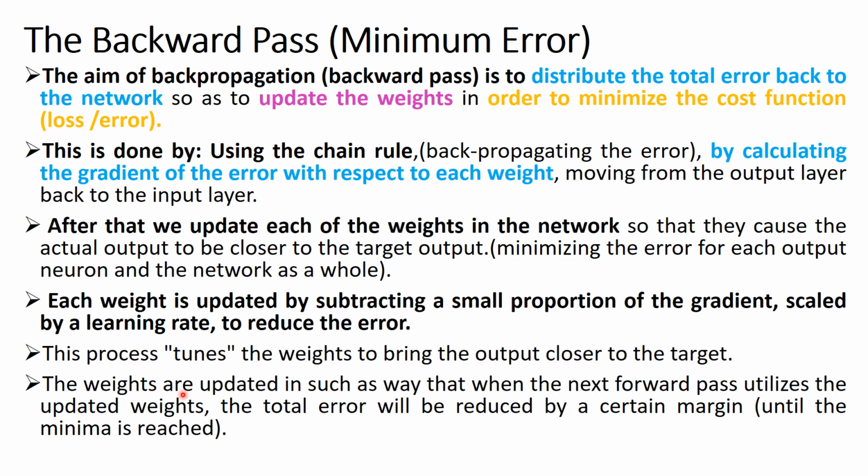The weights are updated such that when the next forward pass utilizes the updated weights, the total error will be reduced by a certain margin until the minima is reached. تعديل الأوزان قلنا بيكون بحيث إننا نقلل الخطأ، بحيث إنه لما نحسب الأوتبوت بعد تعديل الأوزان يكون أقرب للأوتبوت التارجتد.